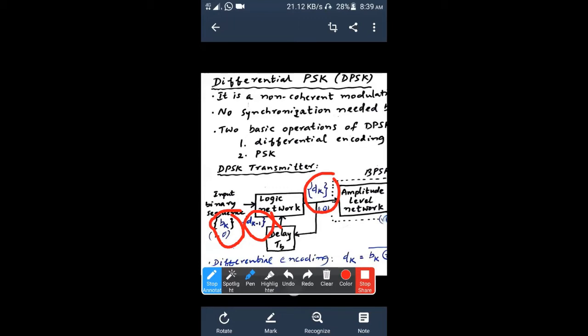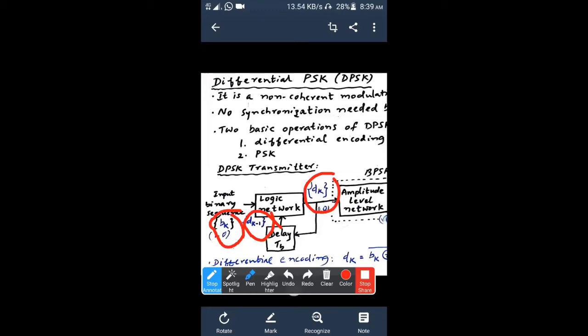Through this operation of XNOR, I'm trying to bring in the dependency of the output dk on the input bk. If the delay element was not there, then the present dk would depend only on the present bk. That means the present output would depend only on the present input. But because of this XNOR operation, the present output depends on the present input and the previous output.